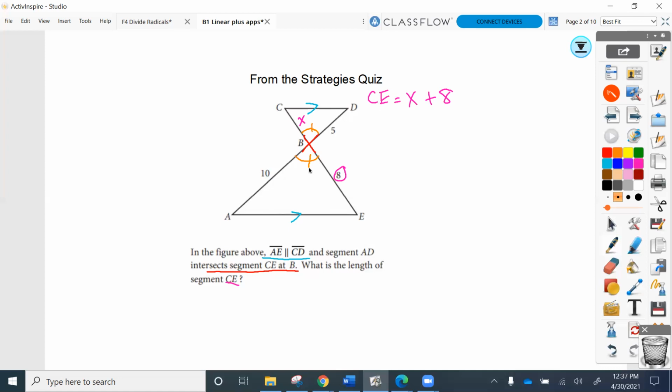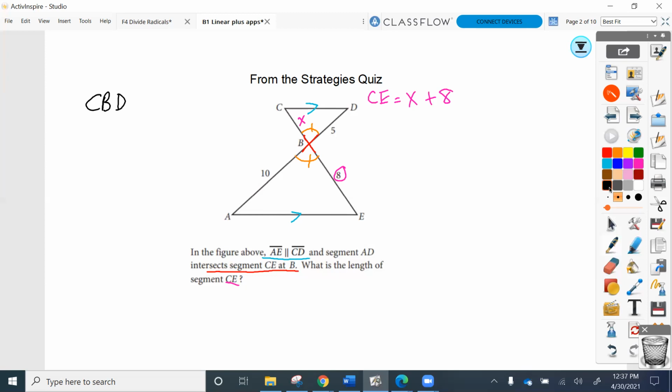Now, if we call this triangle CBD and the other triangle ABE, we have similar triangles, right?